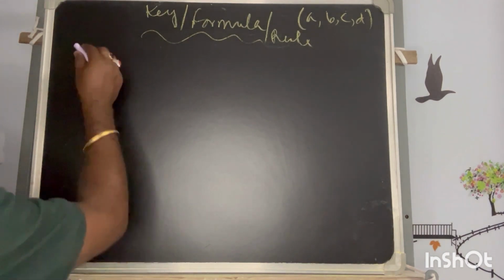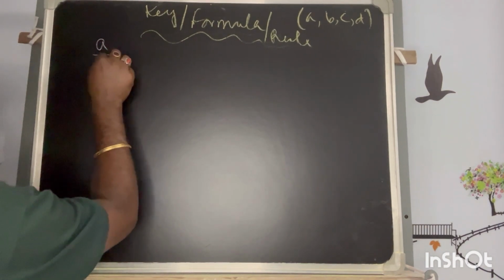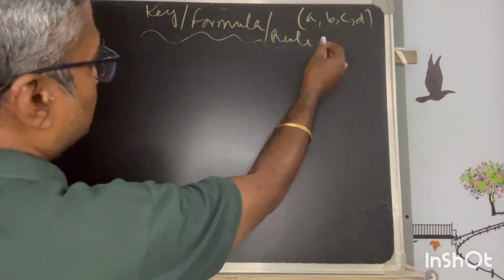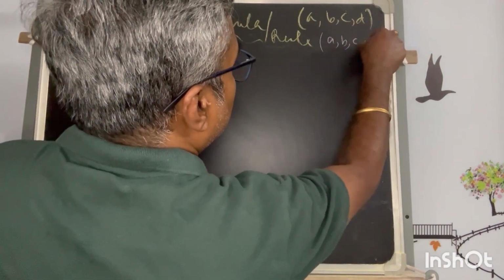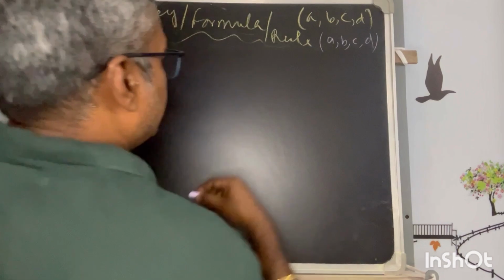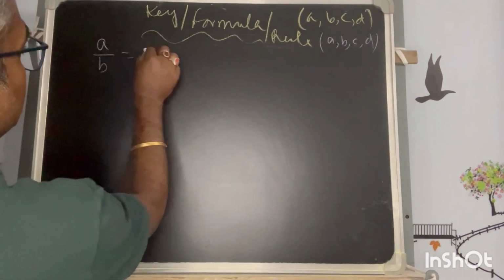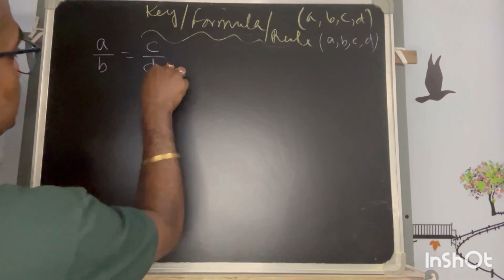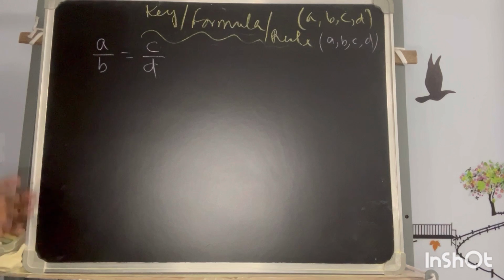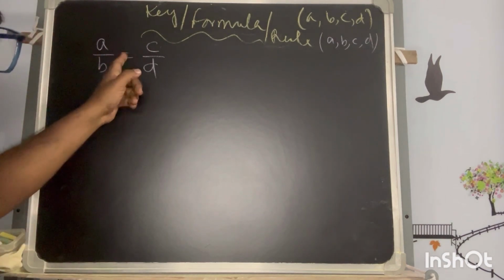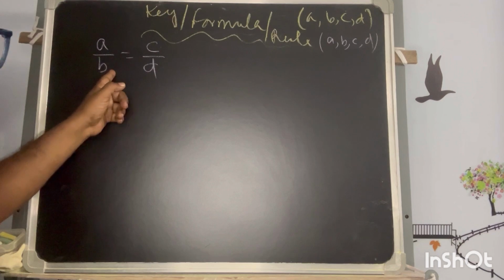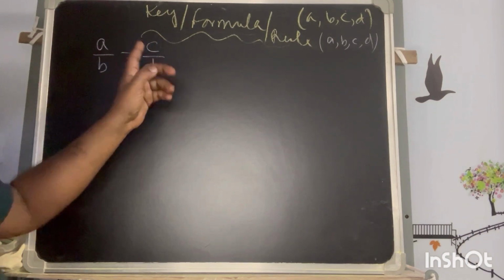Now, as I said, let's say there are four quantities, where A, B, C, D are the quantities, and they are related in such a way that A by B is equal to C by D. This is the ratio, and the ratios of A by B and C by D are the same.